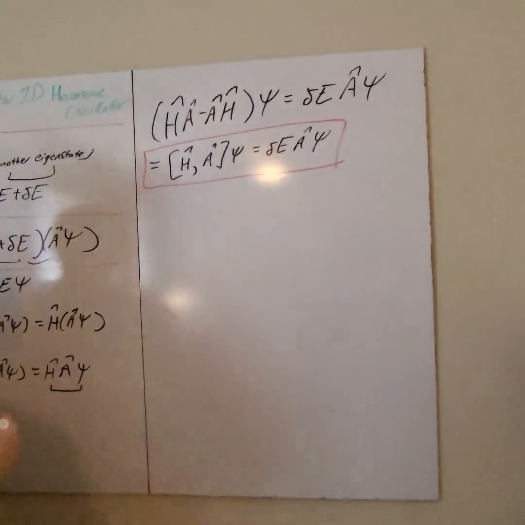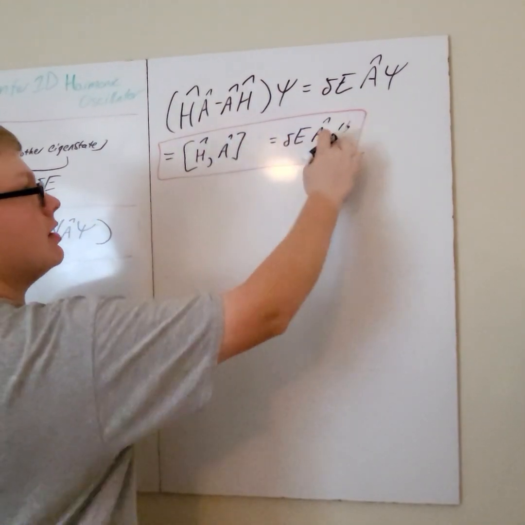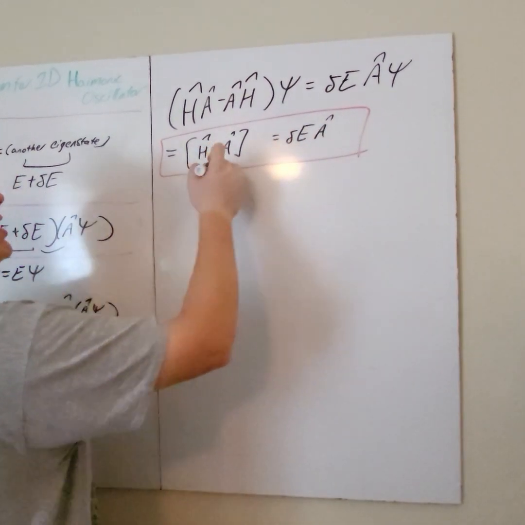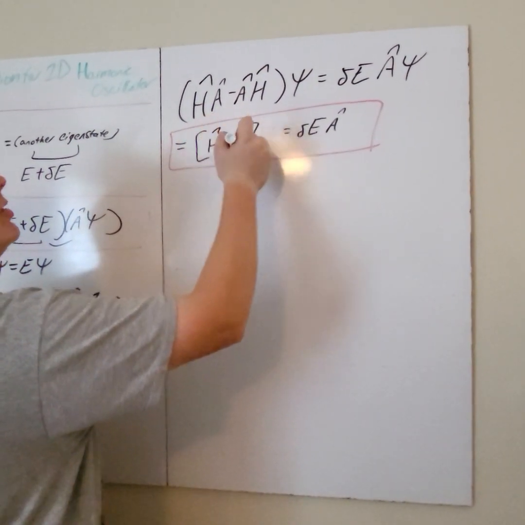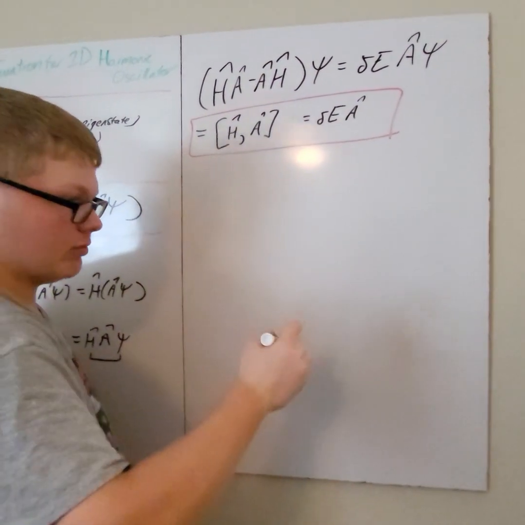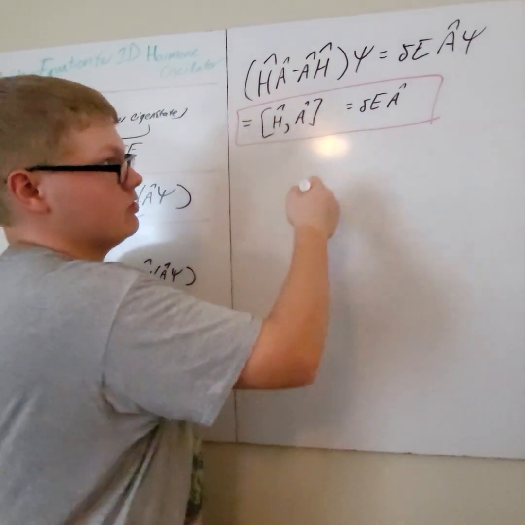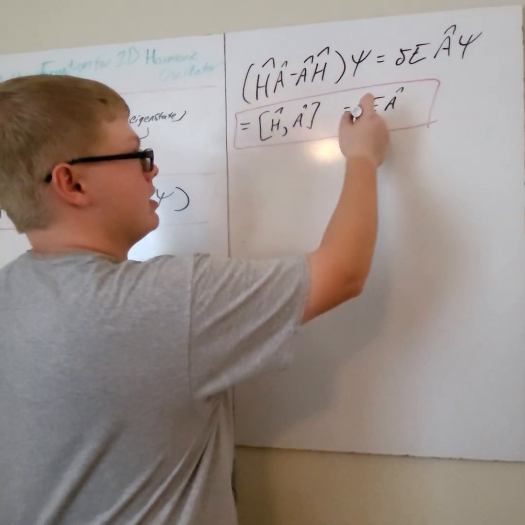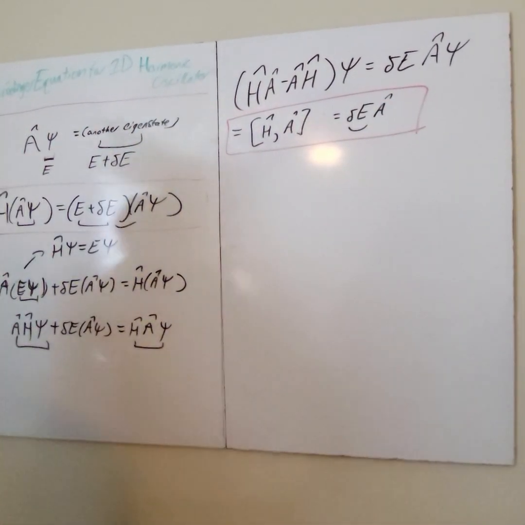Well, in principle, I can get rid of the rest, and we have this relationship here. The commutator of H, the Hamiltonian, with this hypothetical A hat, which when you act on a certain eigenstate of the Hamiltonian gives you a different eigenstate with the difference in energy eigenvalue being this. That's basically what that means.